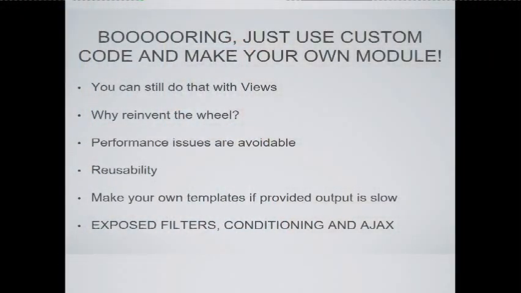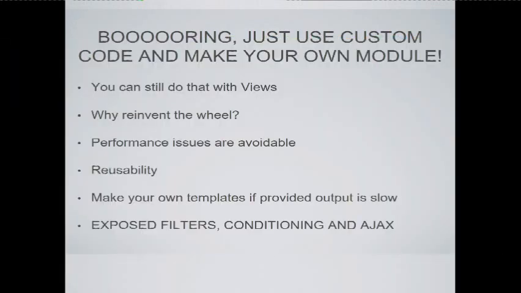And then there's the conditioning, where you can decide, well, let's show all published nodes, or if they're really popular, you can show them still even if they're not published. And then Ajax. I mean, really. Even if it's a bit slow, it's still useful.